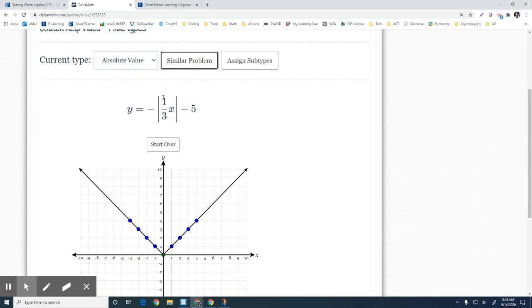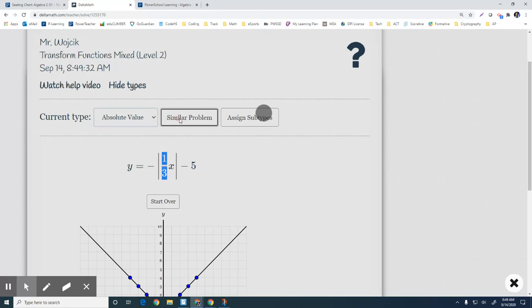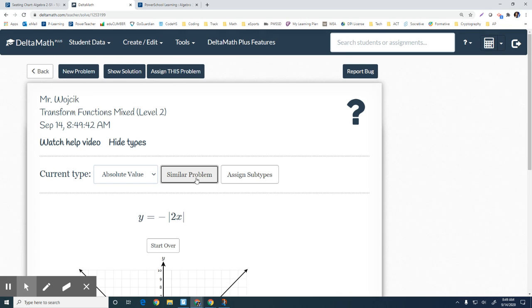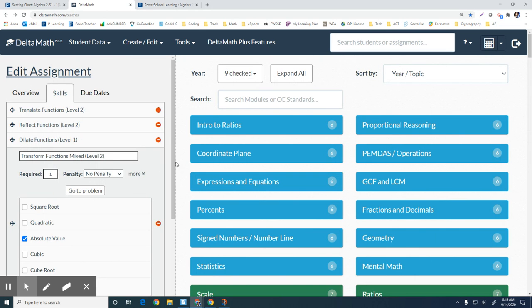If you ever get one that's got a coefficient inside the absolute value, just ignore it. Go to the next question, because that would be a horizontal stretch or compression, and we didn't cover those. So you want the ones with just coefficients out in front. That's all I'm going to be testing you on, which will be a vertical stretch or a vertical compression. And so you've got all these ones to practice.